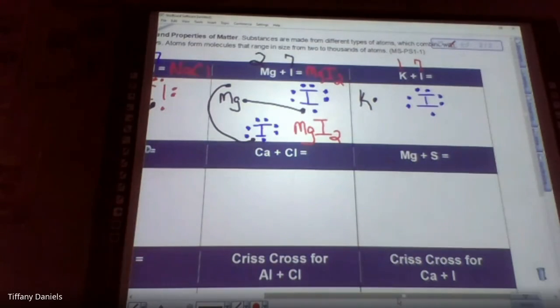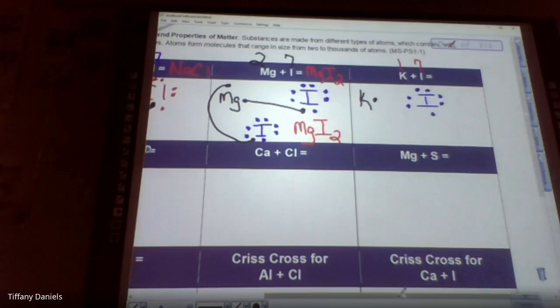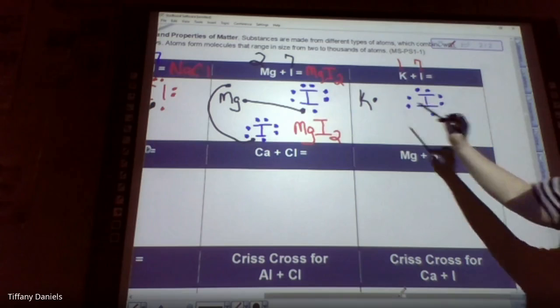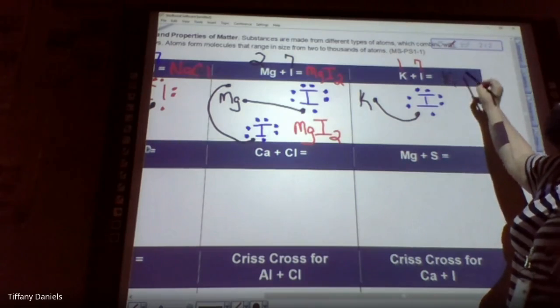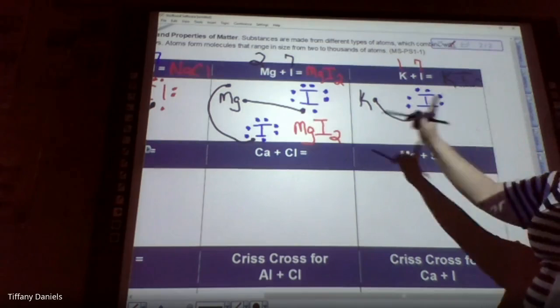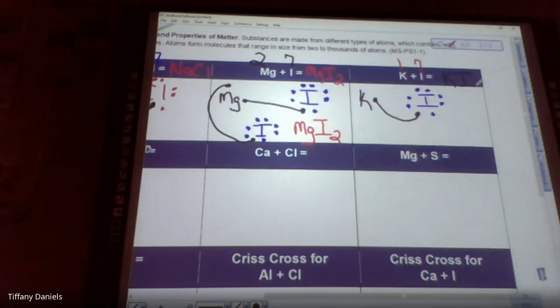Okay. Iodine's got a blank space. Potassium has what? Potassium's got 1 electron, doesn't want it. What is it going to do? I'll do iodine. I'm going to give it to iodine. So in my drawing, I have 1 potassium, 1 iodine.